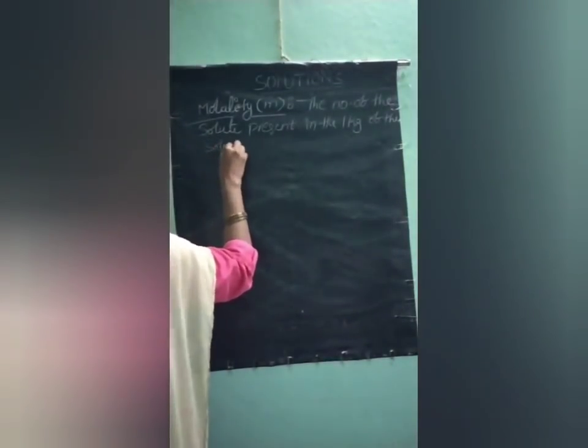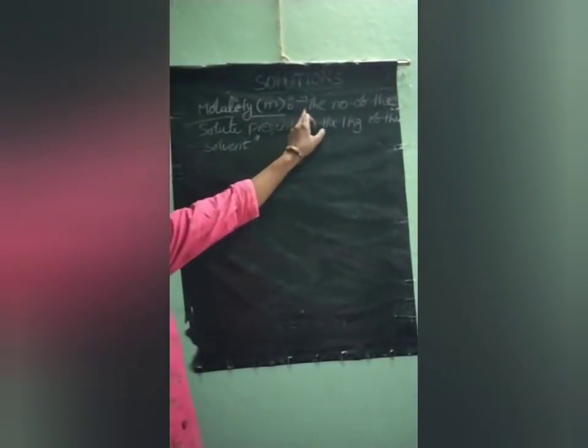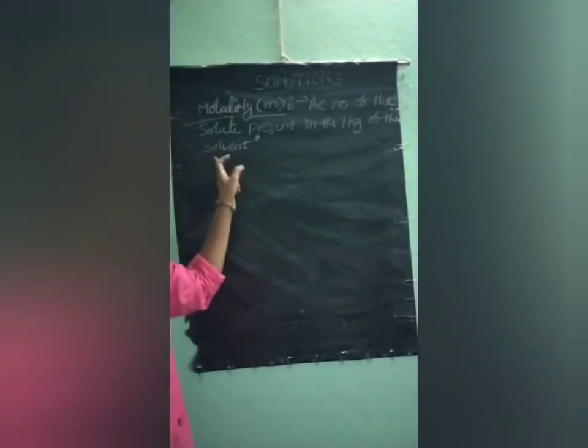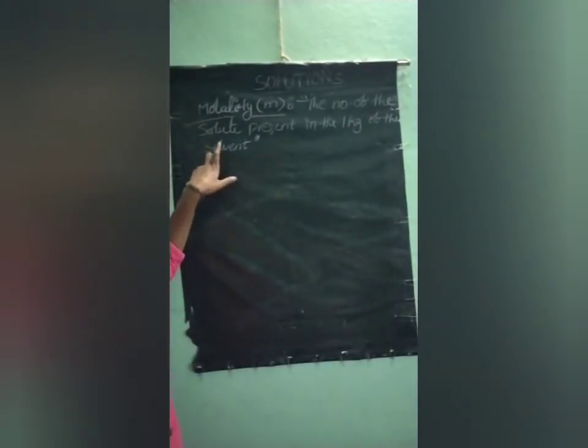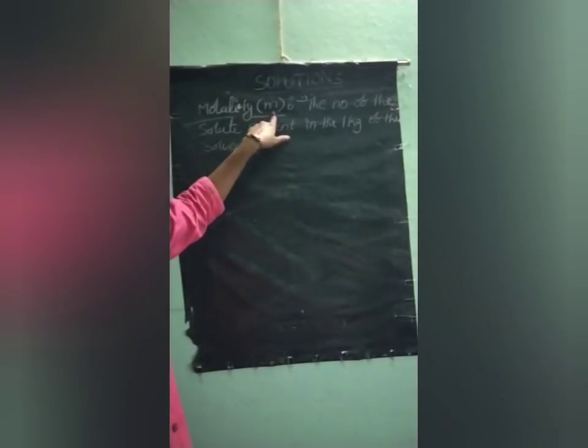This is the definition of molality. Molality is the number of moles of solute present in 1 kg of the solvent. It is denoted by the letter small m.